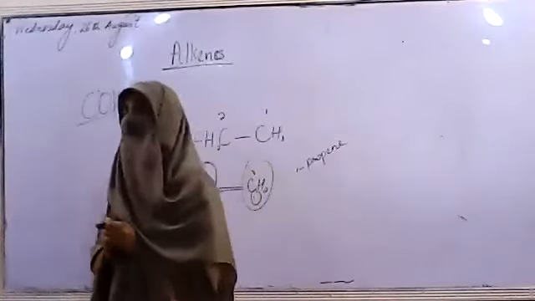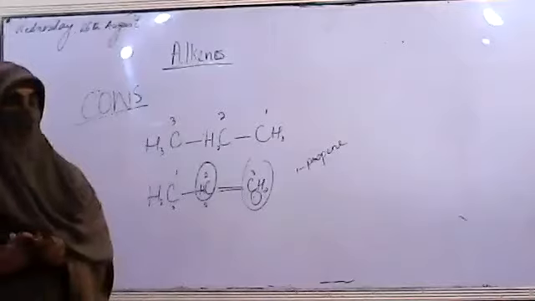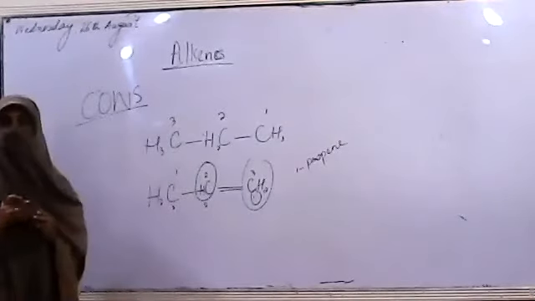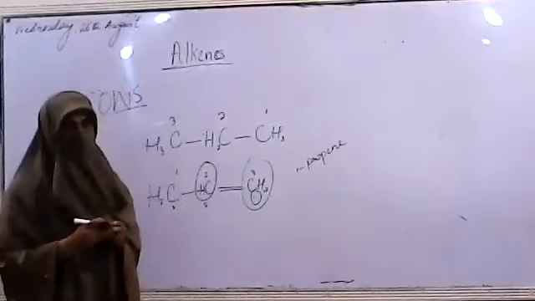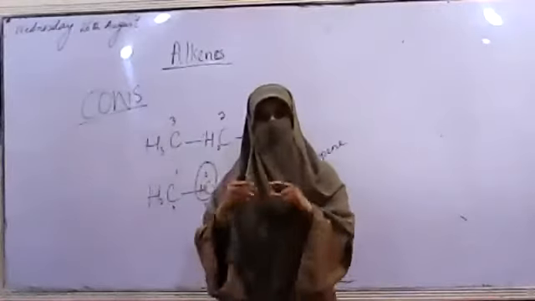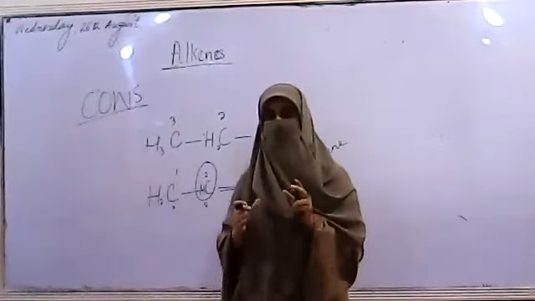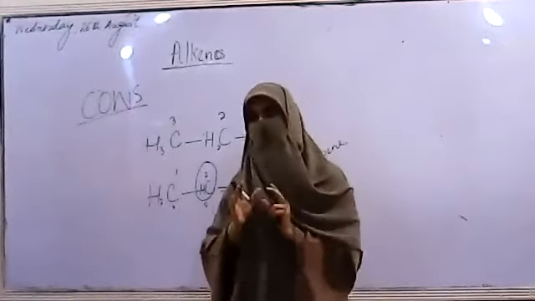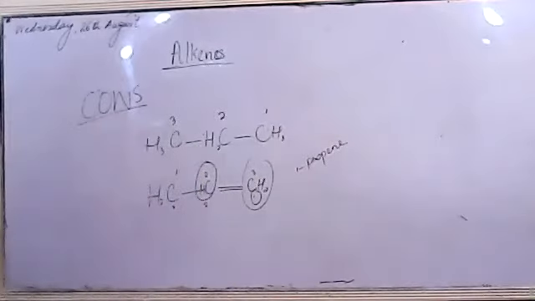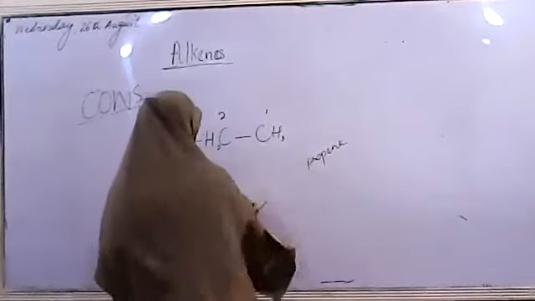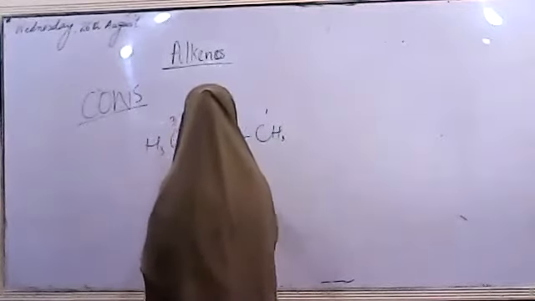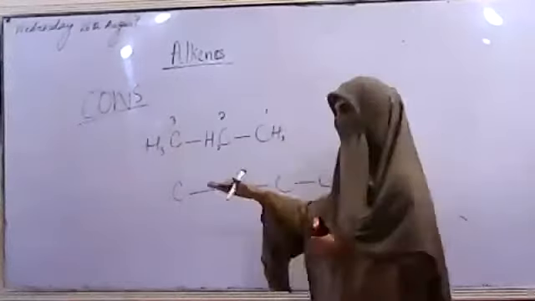Now, in the case of isomers, we can have a different number given to the double bond. Also, we can have different branch chains, either simple substituents or longer or shorter chains, but they all will be isomers of the main compound. Now, if we say we have butene, that is butane.